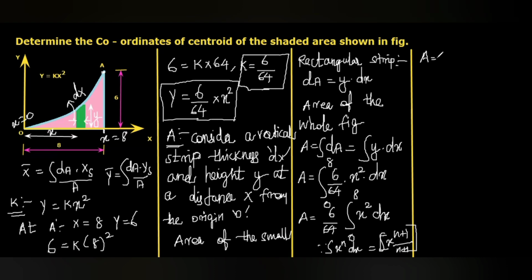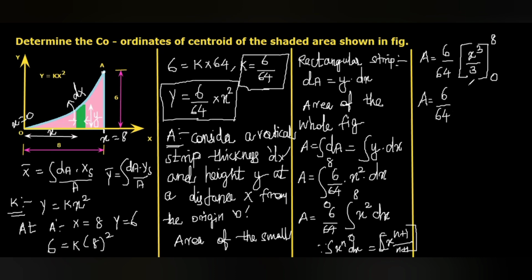So area will be 6 divided by 64, that integral of x square dx, we will get x cube divided by 3, and applying the lower limit 0, upper limit 8. So upper limit minus lower limit 0. So the area of the whole figure, 6 divided by 64, when applying the upper limit, 8 cube divided by 3 minus 0.